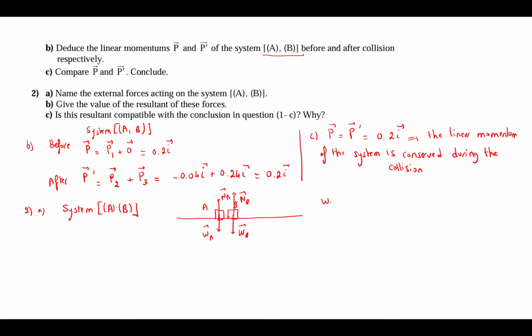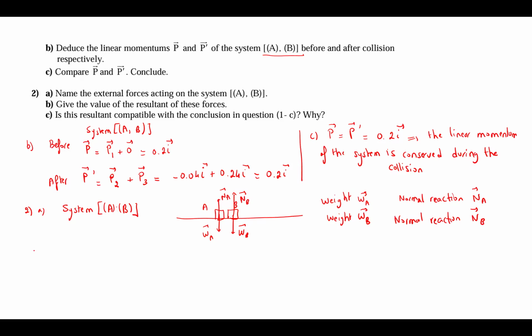So we have the weight WA on A, the weight WB on B, the normal reaction NA on A, and the normal reaction NB on B.